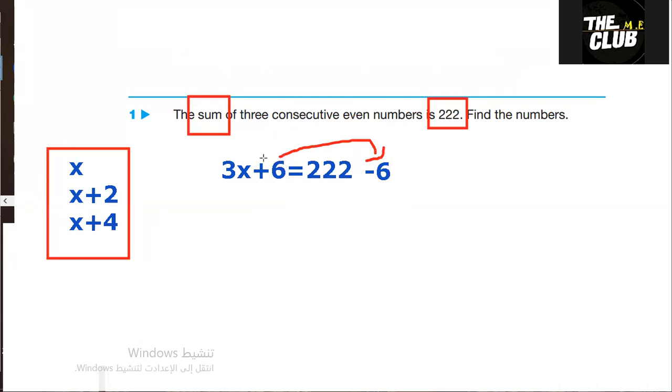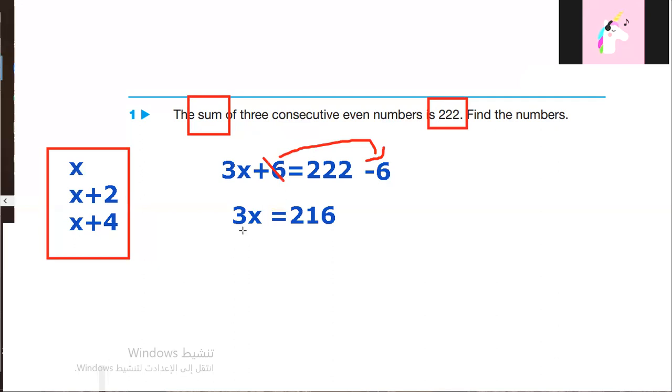And then remove it from this side. So you end up with 3x equals 222 minus 6, which is 216. And then divide by 3.